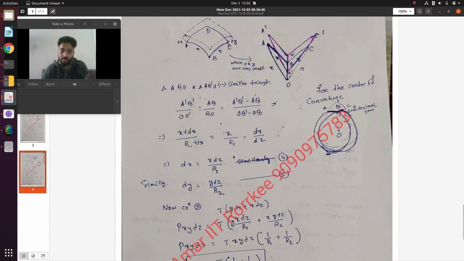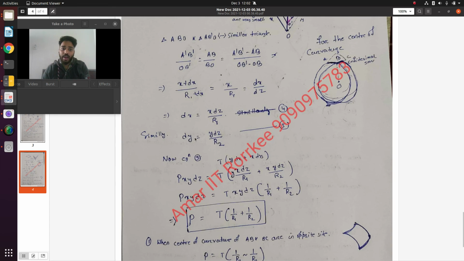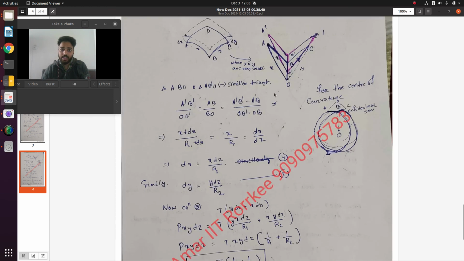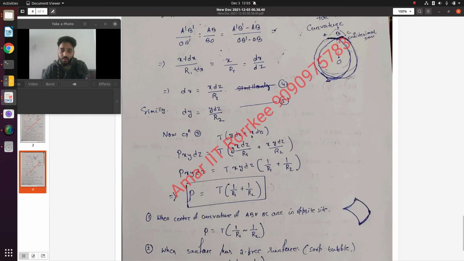From this expression we can write dx is equal to x dz by r1. This is our equation 4. Similarly, we can write dy is equal to y dz divided by r2. Now from equation 3, if we put the equation 4 and equation 5 values, P x y dz, left side, you just see once again, P x y dz equals T into x dy plus y dx.